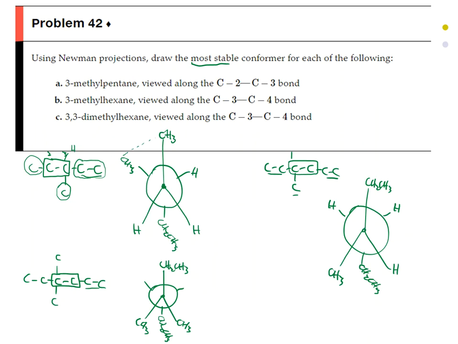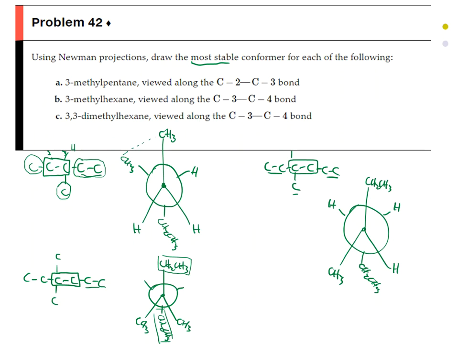So this is going to give it the best room possible. I know it doesn't look like it on a sheet of paper, but that is going to be the most stable conformer because this largest group on the front end carbon is directly across in the anti-position of the largest group of the back end carbon, and that's what this is all about.